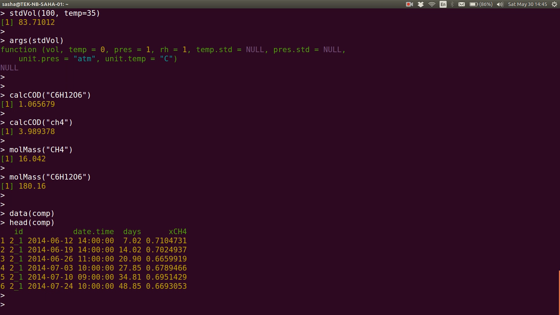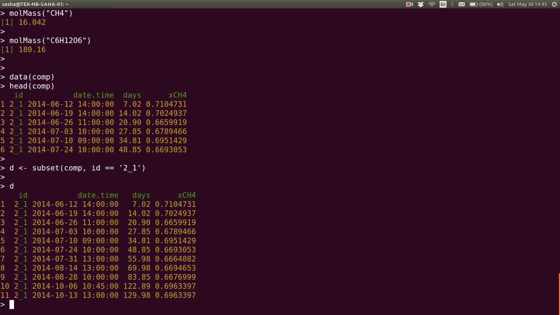The comp dataset that's included with the package has information on biogas composition, mole fraction of methane in biogas, for 9 different reactors for several different times. So we'll just work with one. I'll call it D. It's just for one particular reactor.